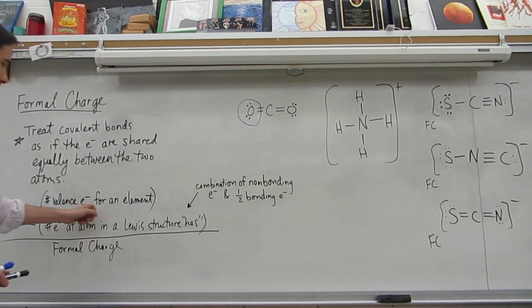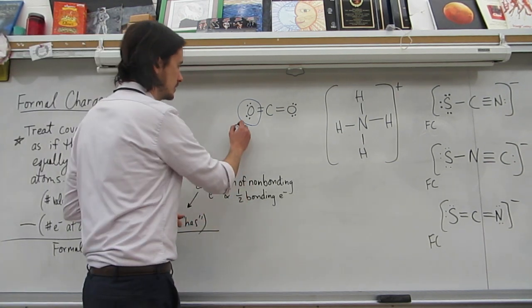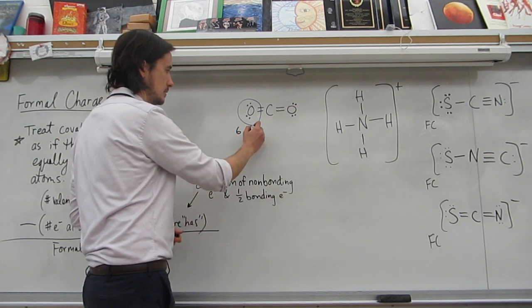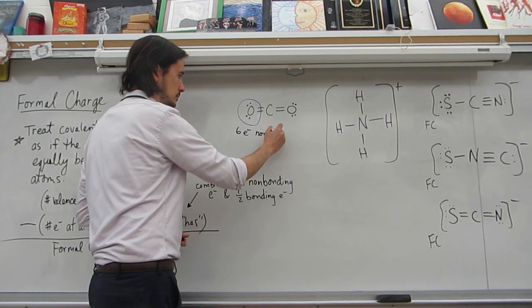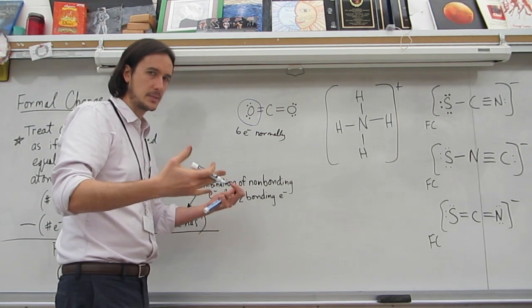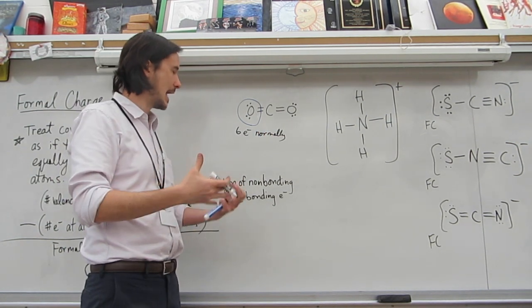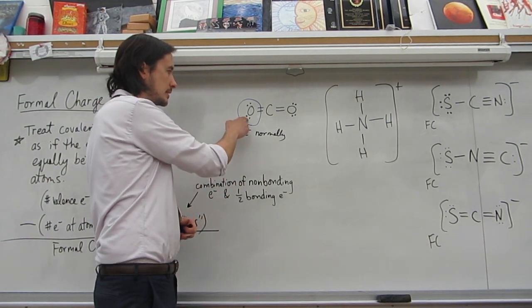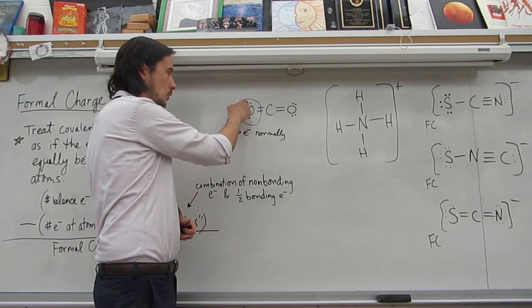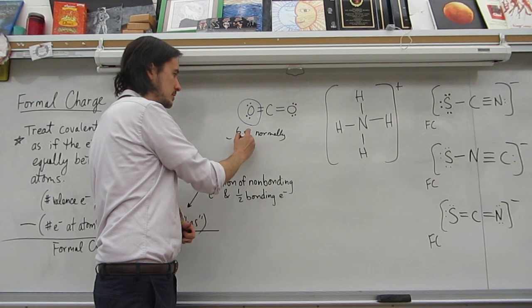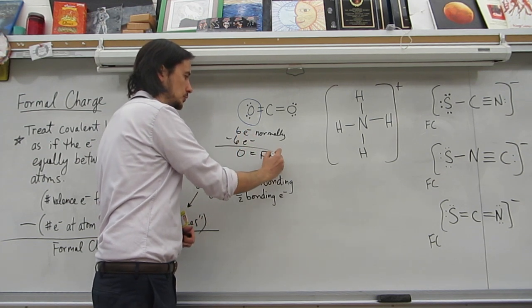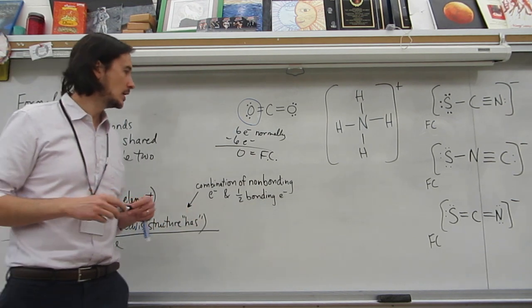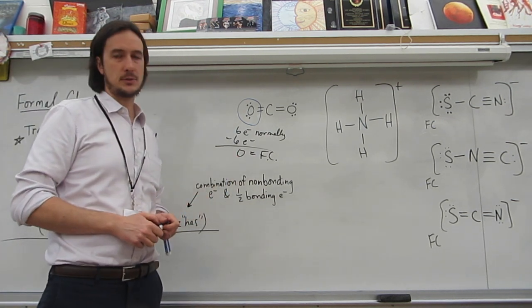Oxygen normally has 6 electrons, when an atom of oxygen starts off. Inside that circle, I see 2, 4, 5, 6, minus 6. So we get a formal charge of 0.